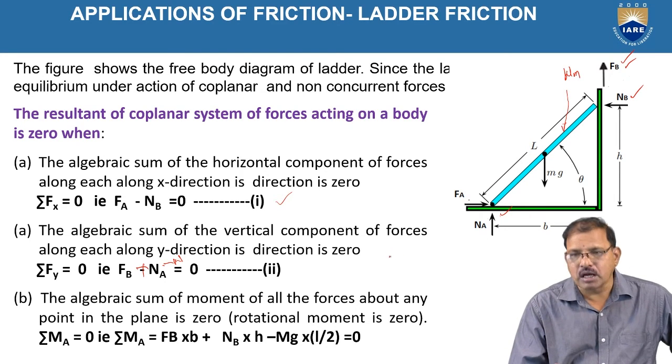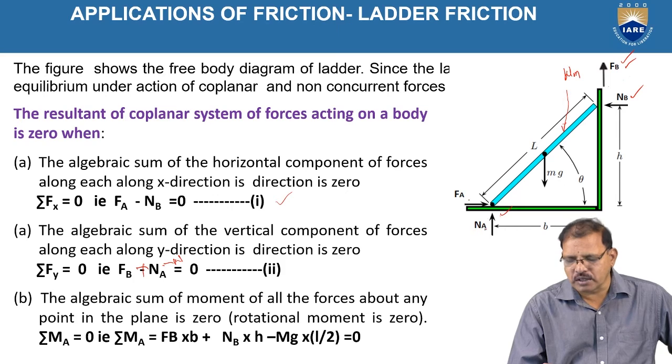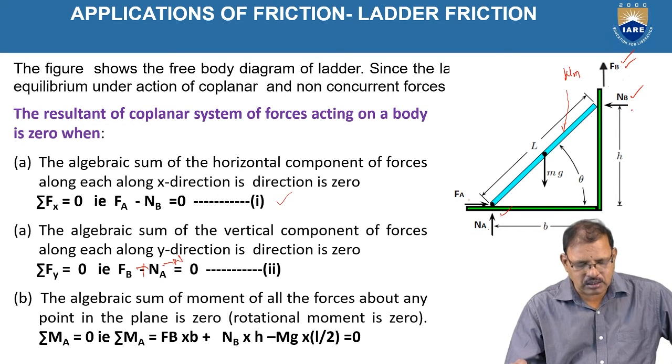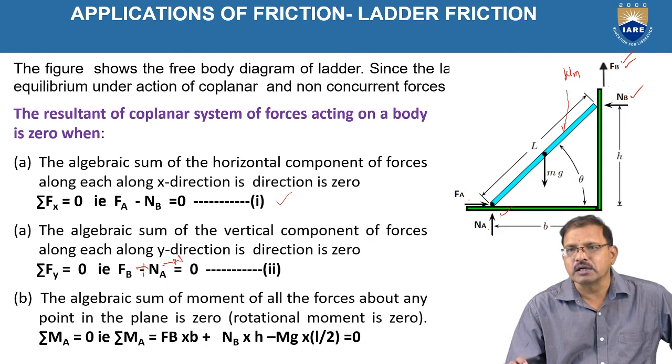The third equation is the algebraic sum of the moments about any point. Here we take MA, which should be equal to 0. NB is not taken here. When taking moments, the moments created by forces in the anti-clockwise direction are treated as positive, and clockwise as negative.